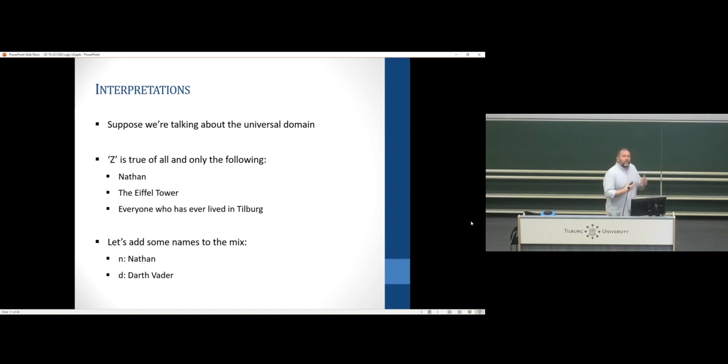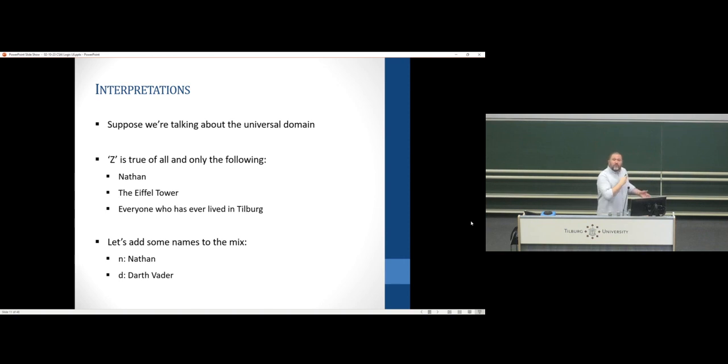Remember, when we're building an interpretation, we might want to build a very weird extension. Extensions are arbitrary. We can make them however we want. There will be different predicates with the extension of being me, being the Eiffel Tower, or being someone who's lived in Tilburg, but I'm interested in the extension of Z right now, and I've stipulated it's this. That's the cool thing.